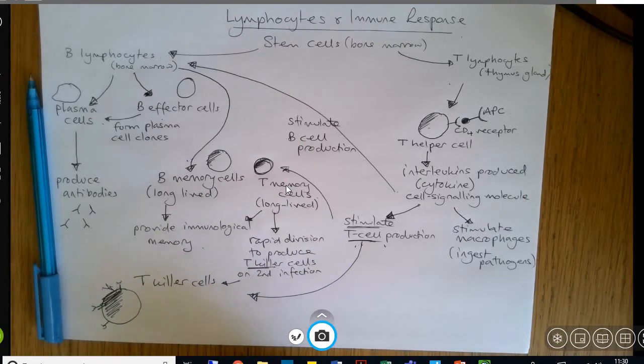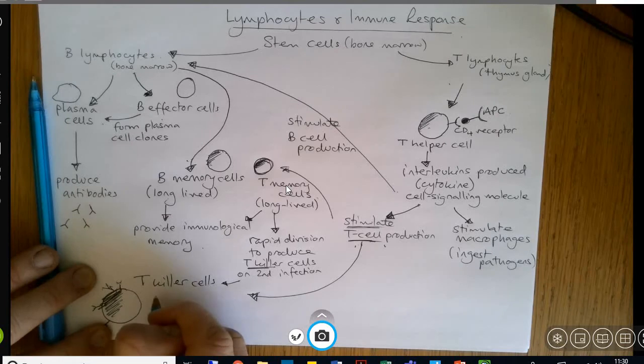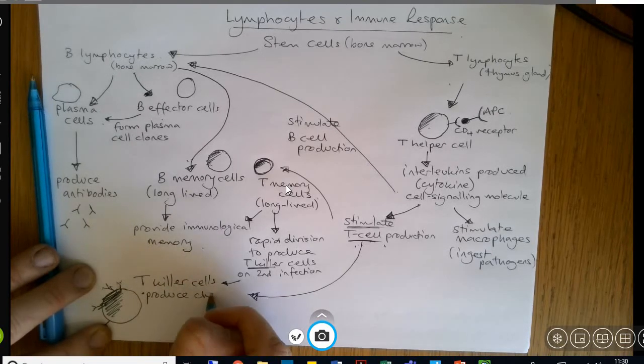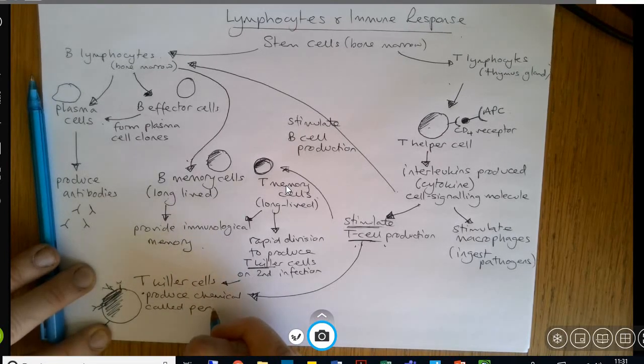T killer cells are the things that destroy the pathogen. The way they do that is by use of a particular chemical. They produce a chemical called perforin.